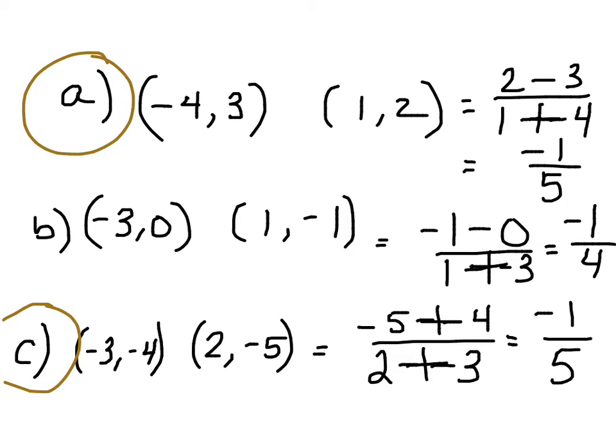You could have had A, B, and C all match. So don't just assume that once you find, let's say, A and B match, that's it. It could be that A, B, and C all match. So you've got to do the slope for all three, and then identify which two or three are the same. How do you guys feel about that so far?